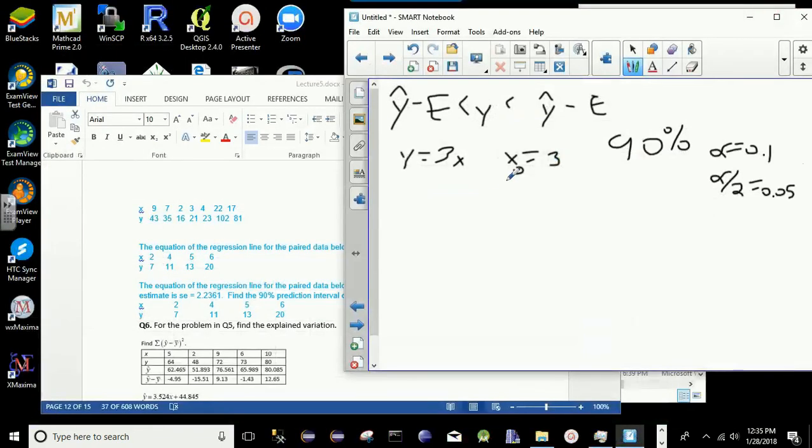We want to find a range of values for y at x equals 3 at the 90% confidence level. To do that, we will need the margin of error formula. That big intimidating formula.